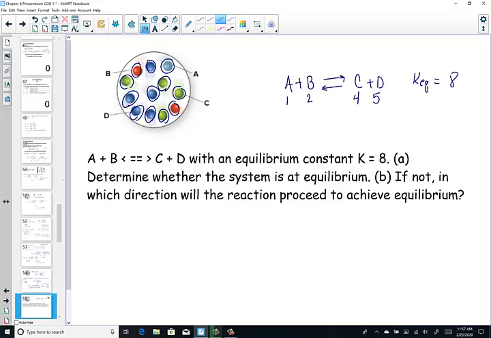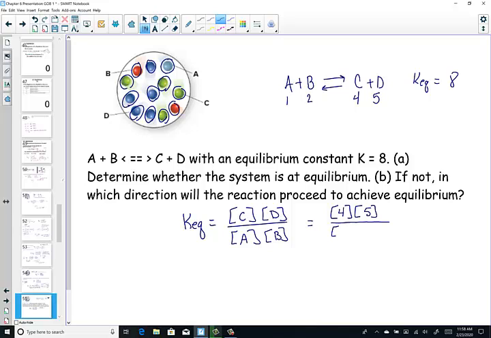So our equilibrium expression would have the concentration of C times D set over the concentration of A times B. Let's put in those numbers and see where we're at. The letter C was given to us as 4. The element D was given as 5. The element A is a 1.